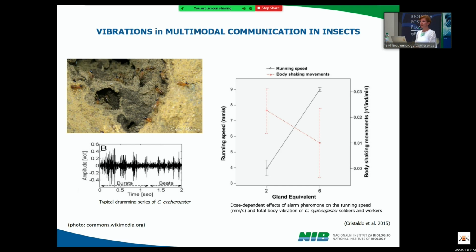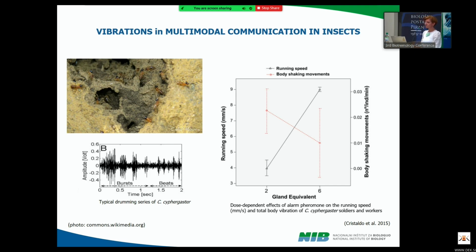One of the best studied examples is probably the fruit flies, in which, as shown just recently in studies that a member of the present audience was part of, vibrational communication plays a very important part in multimodal communication.